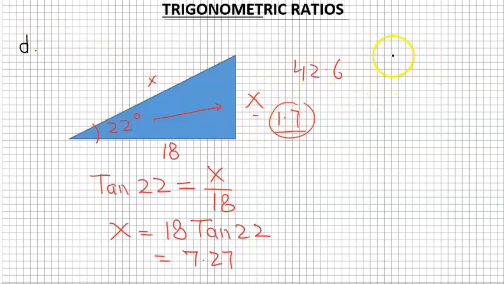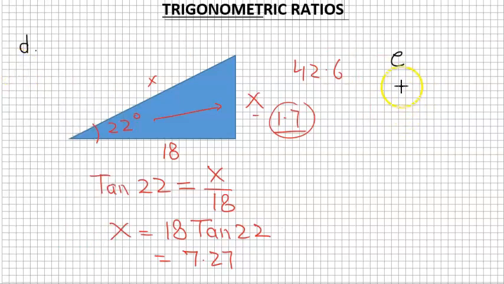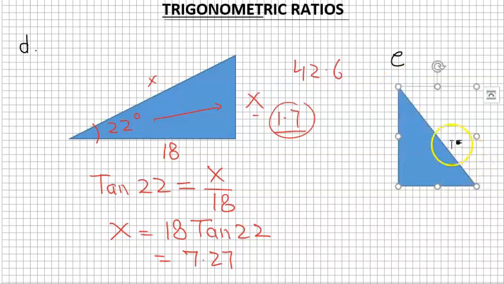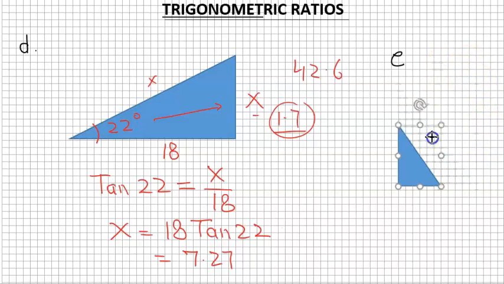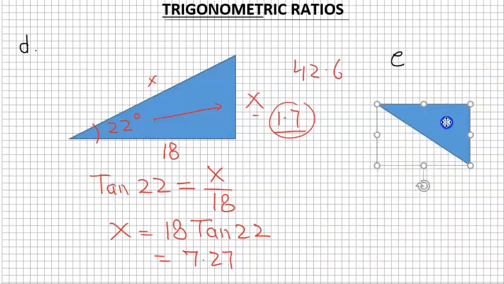Now part E is, this is a triangle. Let me try to get it. Go to the shapes. You may find it really tedious to draw from this one. So this is a triangle, and part E is totally different.